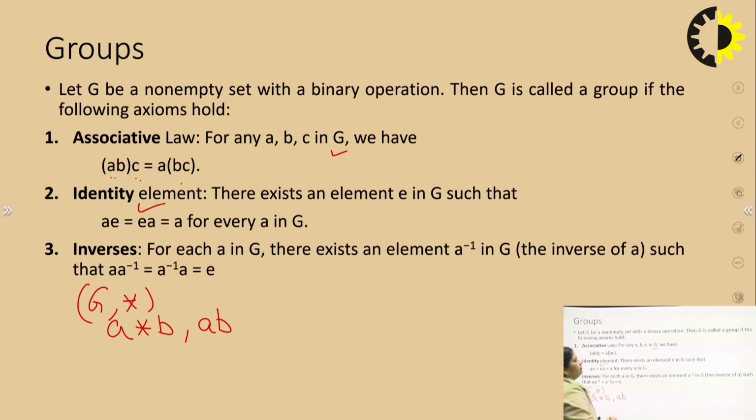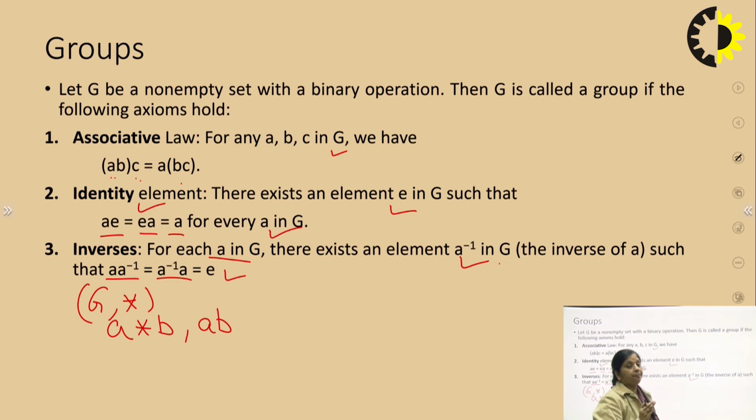If the identity element is there, that is, there exists an element e in G such that a star e is equal to e star a is equal to a for every a in G. Inverse: for each element a in G, there exists an element a inverse in G such that a star a inverse is equal to a inverse star a is equal to e, the identity element.